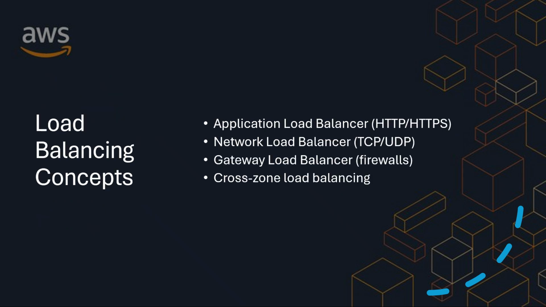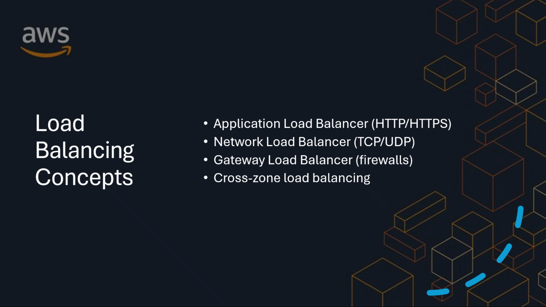Load balancers distribute the traffic efficiently across multiple compute nodes. Application Load Balancers operate at layer 7 and provide features like path-based routing, host-based routing, and WebSocket support, making them ideal for modern applications and APIs.